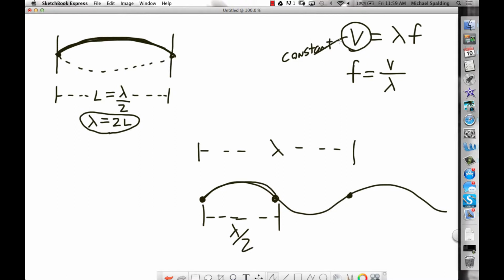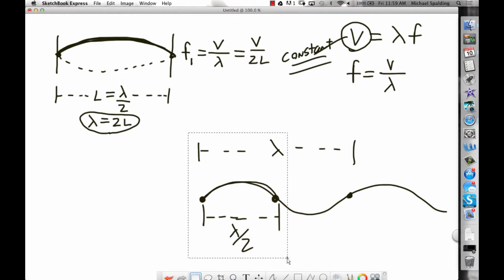That's just a string vibrating because the wave generator is creating a wave in it. So the velocity is constant. Check it out: frequency 1 is going to be the velocity of the wave over the wavelength. But what's the wavelength for the first possible frequency? 2L. So we get this equation of V over 2L.